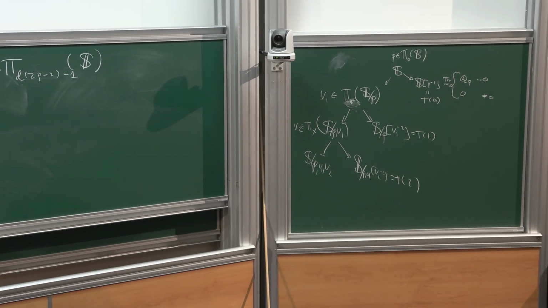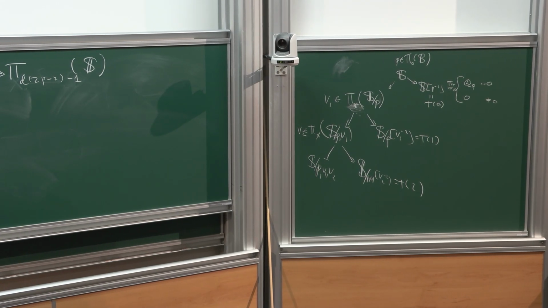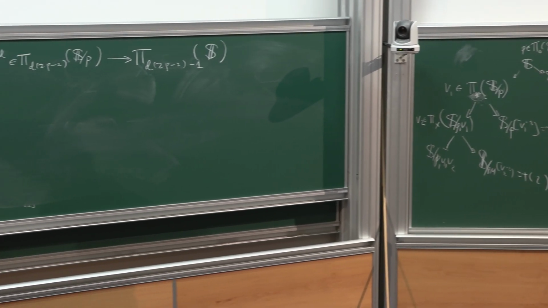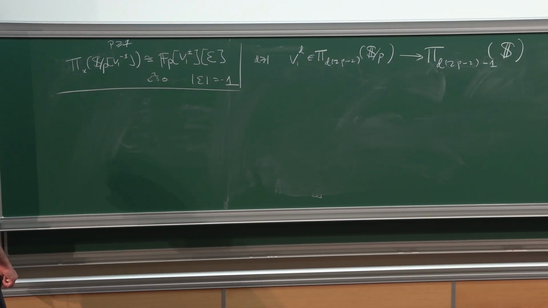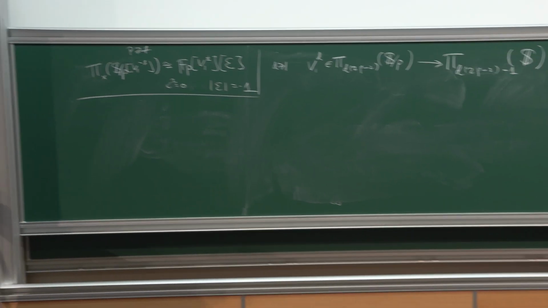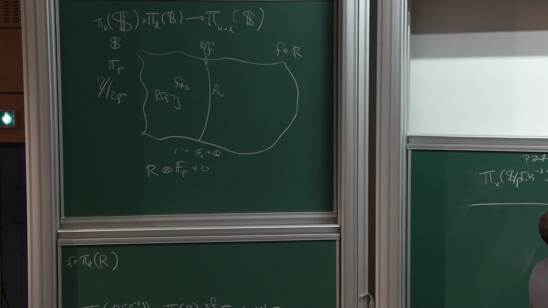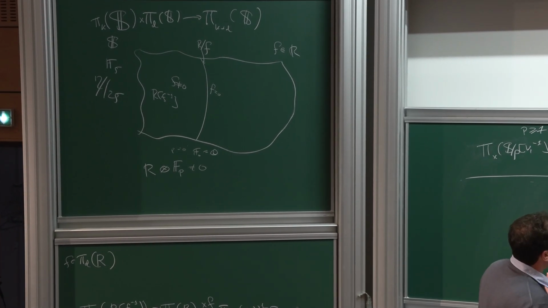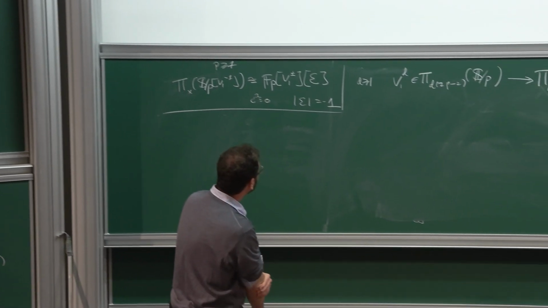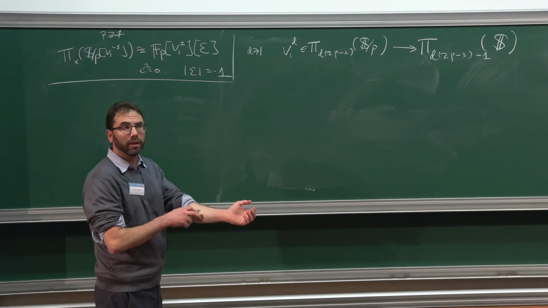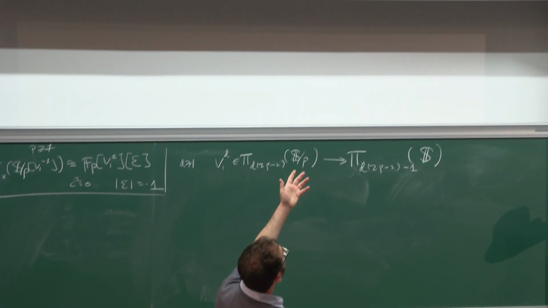So for this, we need to analyze what the residue fields are in the world of spectra, and what kind of characteristics they can have. One thing you could do is say, well, we have this nice category, so we can talk about rings and we can talk about modules.